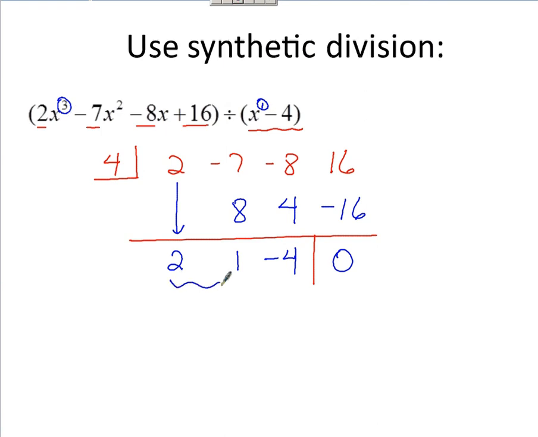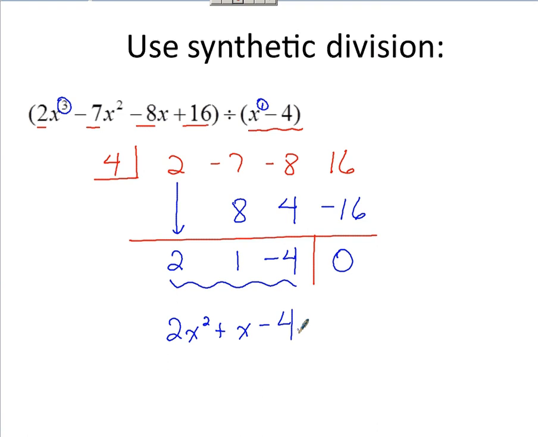These values right here represent the coefficients on our quotient. This 2 is the coefficient on x squared. I'm just going down by 1 from here to get that x squared. This 1, which is positive, is the coefficient on the next term down, which would be x to the first. Meaning the only thing left would be this -4, which must be the constant.